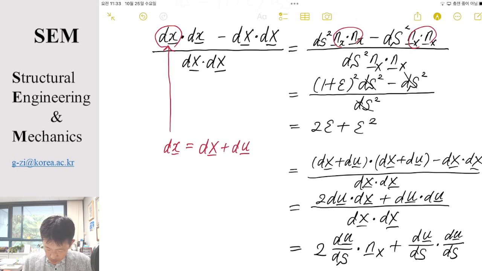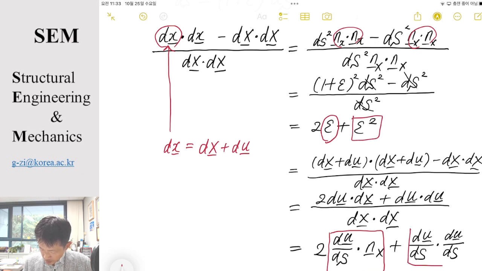Okay, so let's compare these two equations together. If you compare these two equations together, we can conclude that here the fraction of length change is equal to the first term of this equation, and the epsilon square is equal to this.